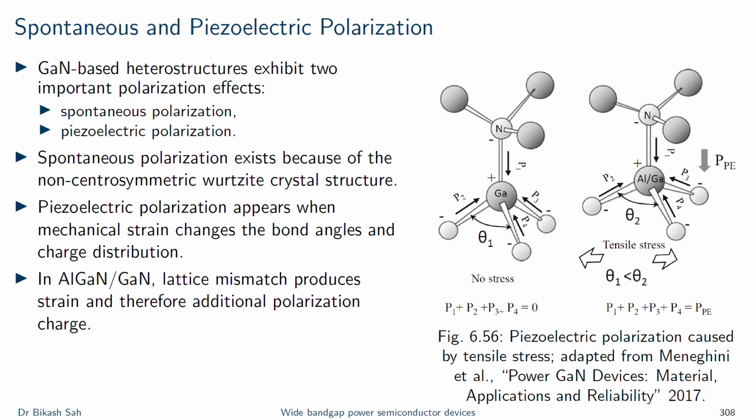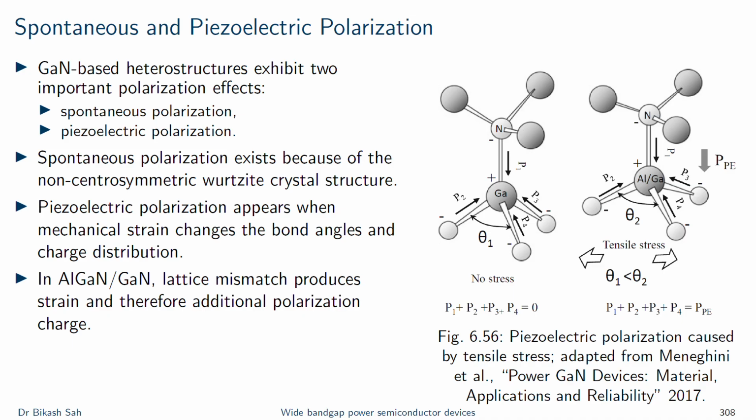The atoms are arranged in such a way that the positive and negative charge centers do not overlap. Piezoelectric polarization, on the other hand, appears when the crystal is strained. In AlGaN/GaN heterostructures, the lattice constants are different, so the AlGaN barrier is strained when it is grown on the GaN. This strain changes the bond angle and generates additional polarization charge.